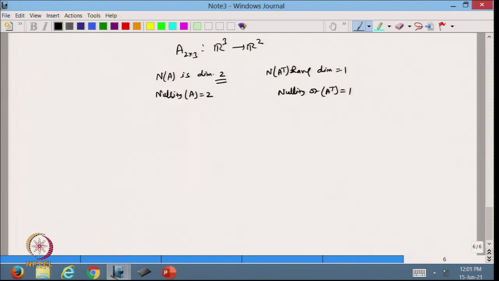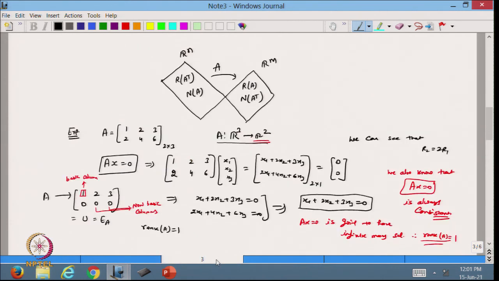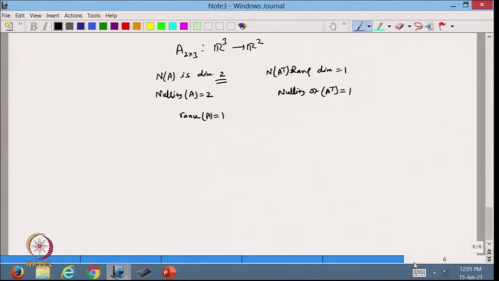So, that we have seen. Now, we have also seen the rank of A is 1, that this was the matrix coming from here, and then we found that its rank is just 1. Now, the rank of A is 1 and that is also equal to the rank of A transpose. So, in both cases it is coming 1.